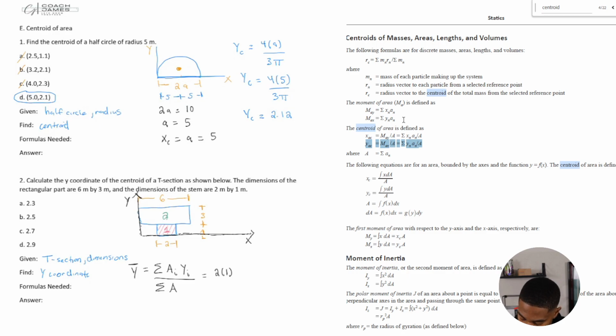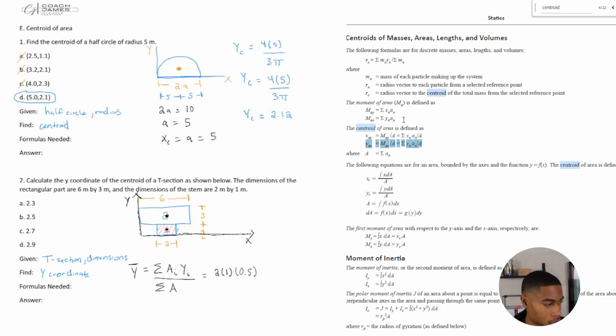Where is the center of this piece? That piece 1, and where would the center of piece 2 be? So the center of piece 1 would be, well, I know this, the height of this piece is 1, right? So half of that piece is 0.5. So 0.5.